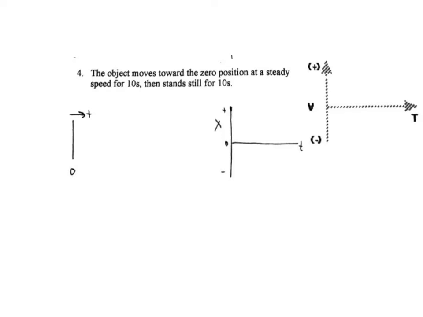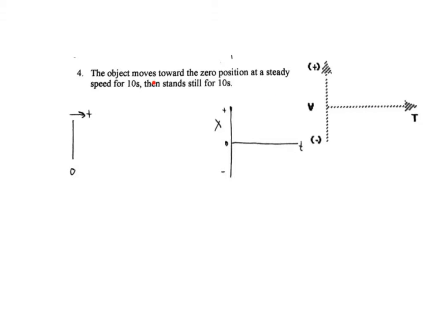Now, if you haven't done it yet, I will try to remind you that this says an object moves toward the 0 position at a steady speed for 10 seconds. We know what steady or constant speed looks like in a motion map, in an XT graph, and in a VT graph.